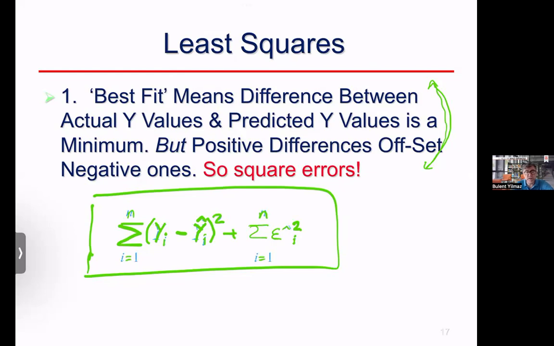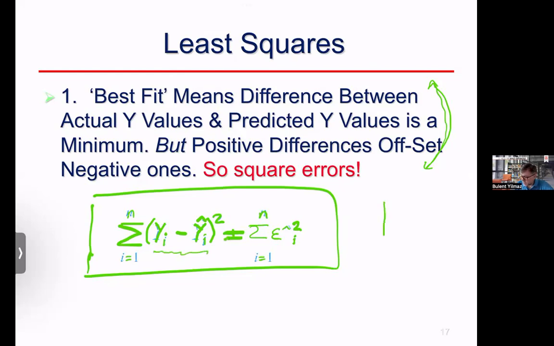Is there a mistake in this equation, arkadaşlar? Yes, there is. There should be an equal sign here. Okay. Do you see that this is my error? We did that before, right?